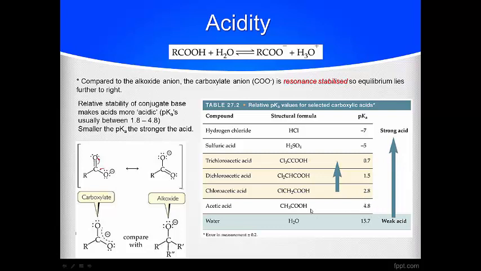So we can see that by introducing those chlorine groups, we're making it a stronger acid, so it's got a lower pKa, and that's because the conjugate base is more stable. And we'll talk a little bit more about how adding chlorine groups is going to affect this. So if we've got one chlorine group versus 3 chlorine groups, we'll talk about this a little bit later.